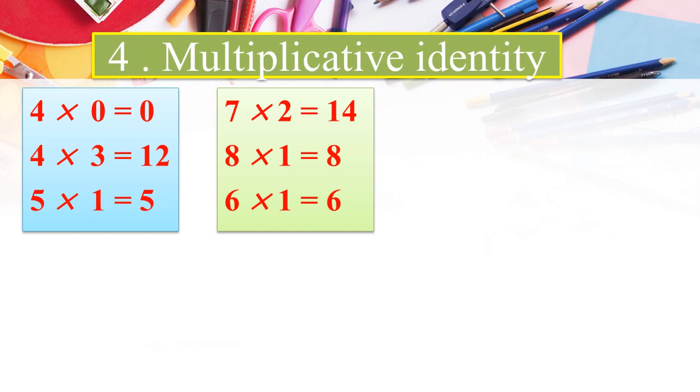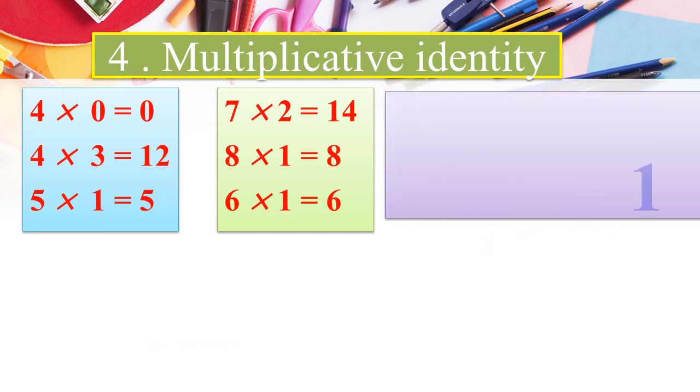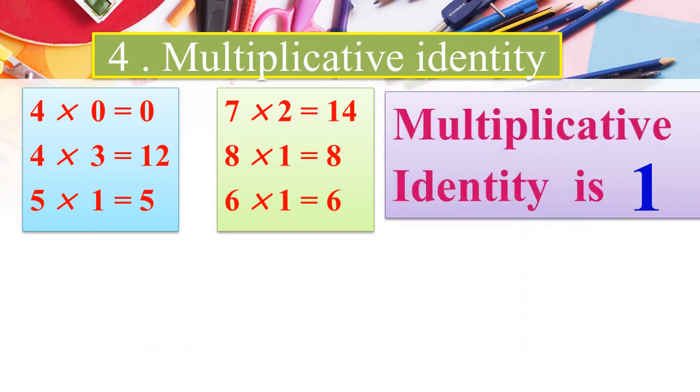Here, which number was multiplied to get the same number? 1. Therefore, the multiplicative identity is 1.